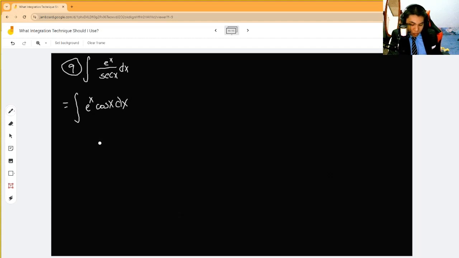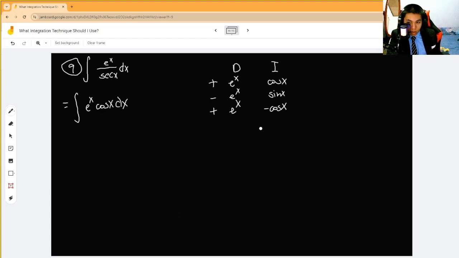Now we shall do integration by parts. So I put the D and then the I, then your plus and minus signs. We will be differentiating e to the x, and we will be integrating cosine x. The integral of cosine x is positive sine x, and the integral of this is negative cosine x.